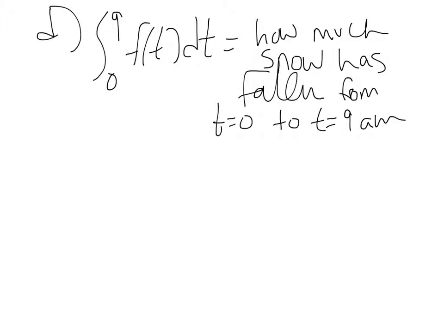So you can put that into your calculator, 0 to 9, right, you can integrate that on your calculator. And what you're going to do is subtract the snow that she has shoveled. Now, we know how much snow she's shoveled. We just found it out in the previous part at 9 o'clock.